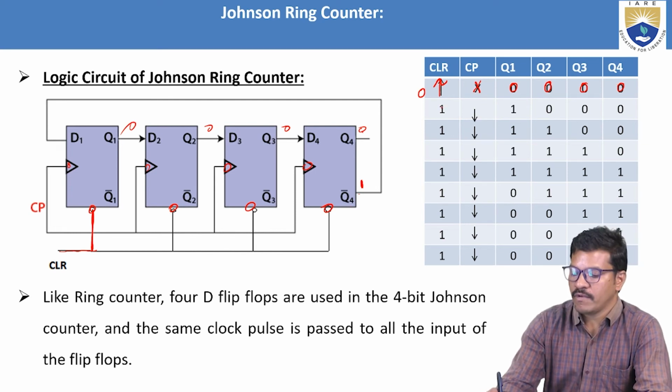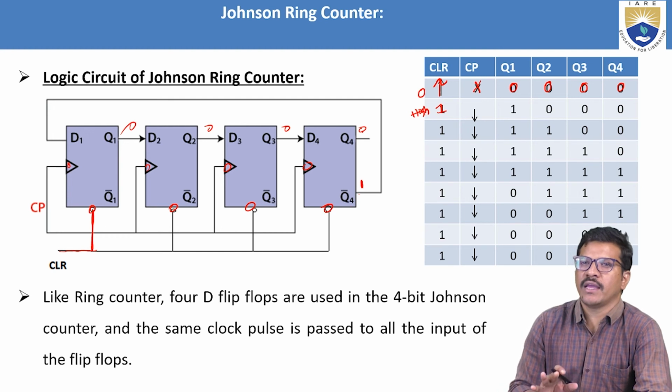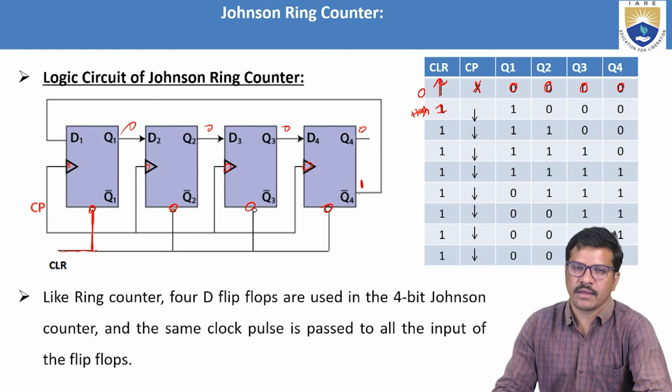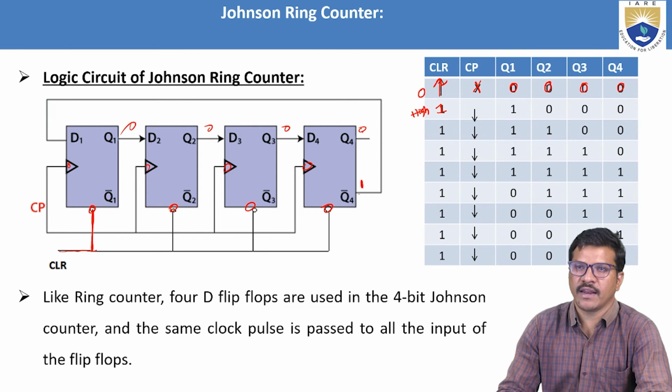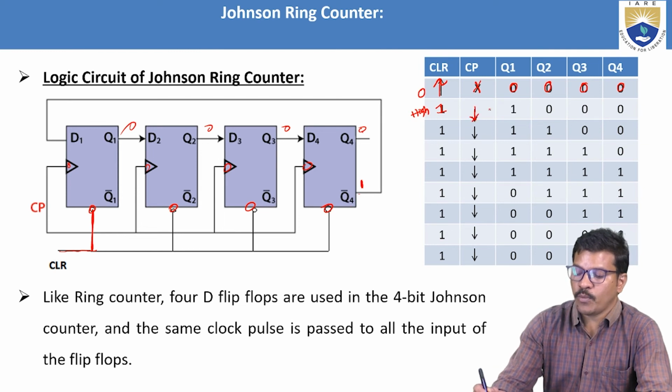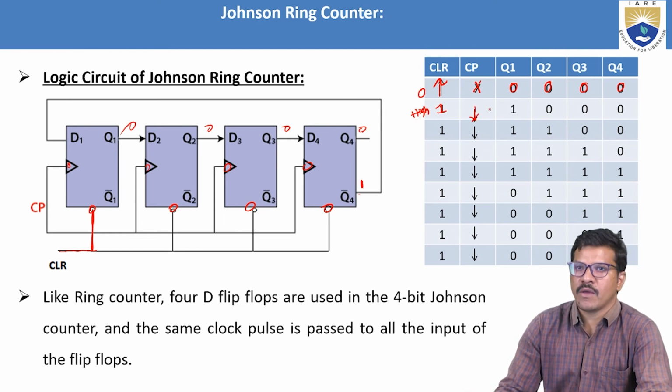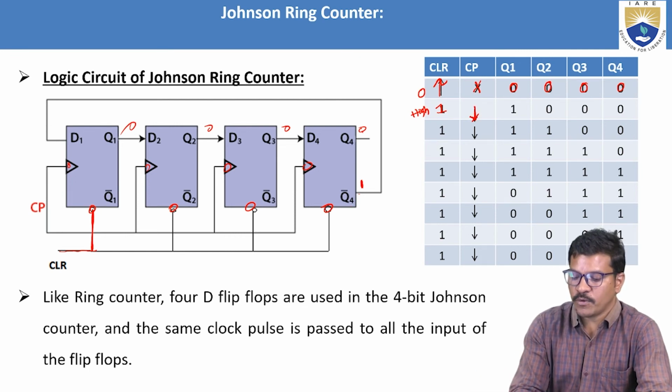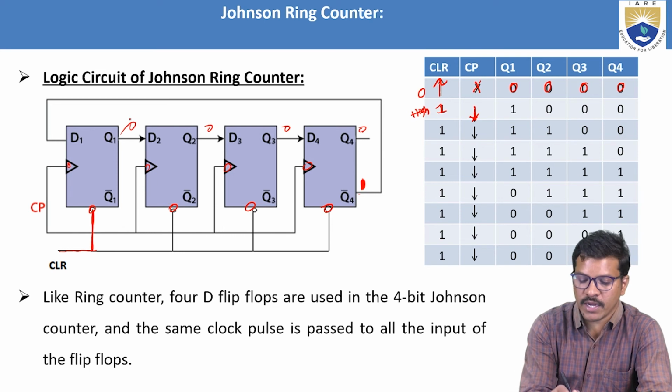Now, what if the clear input is logic high, active high? When it is active high, the asynchronous clear inputs do nothing. So now the operation is based on the clock pulses. When applying the clock pulses, we know that initially all our outputs are zeros, and at the same time Q4 bar, which is 1, is available at the input of D1.